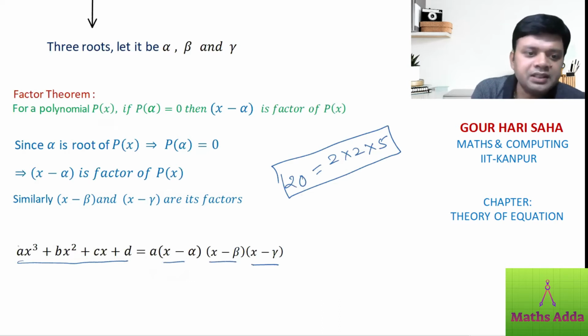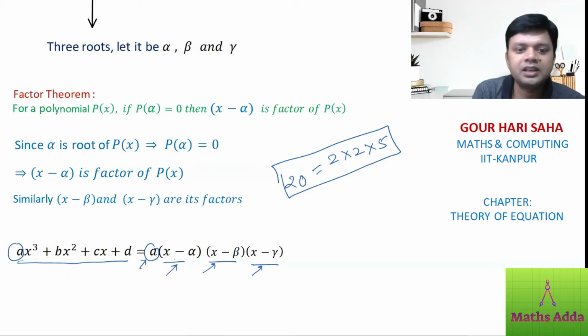But the leading term is a here, so if you multiply them, it is x cube, so a should be there. So this is a numerical factor and these are polynomial factors. This means ax cube plus bx square plus cx plus d can be written as a into x minus alpha into x minus beta into x minus gamma, and it will not go further because it is cubic, with only 3 roots.